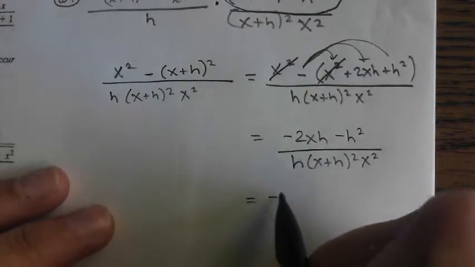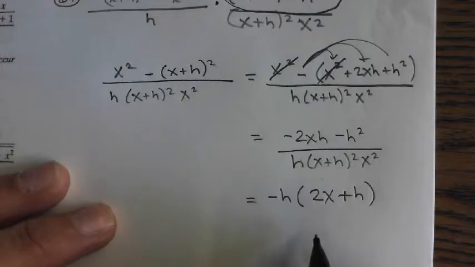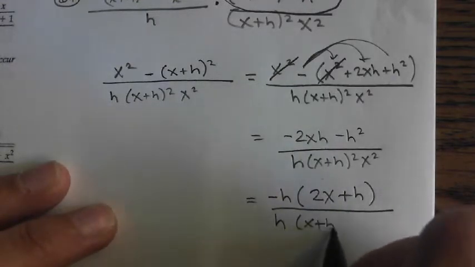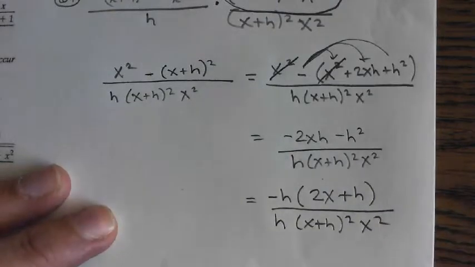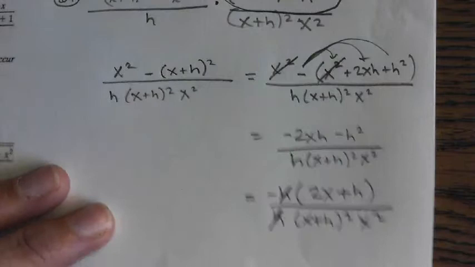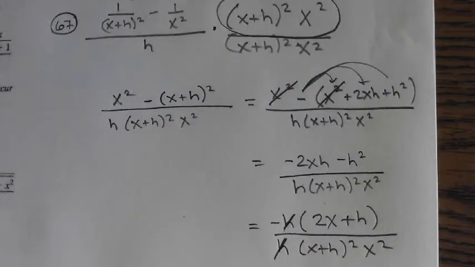Negative h will leave you with 2x plus h over h, x plus h squared, x squared. And then your h's cancel. So you have negative, parentheses, 2x plus h over x plus h squared, x squared.